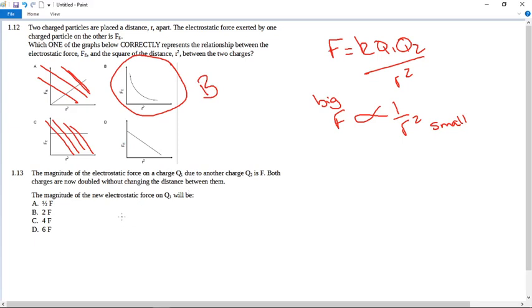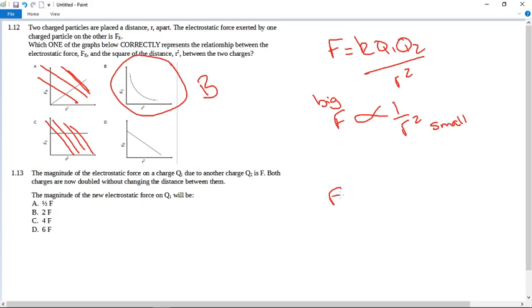Okay, 1.13. The magnitude of the electrostatic force on a charge Q1 due to another charge Q2 is F. Both the charges are now doubled without changing the distance between them. Remember, we've got that formula up there, F equals K Q1 Q2 over R squared. So if we double the right hand side, we are going to double the left hand side.